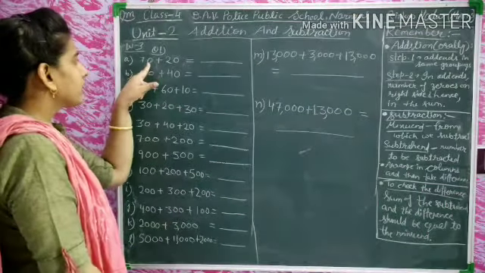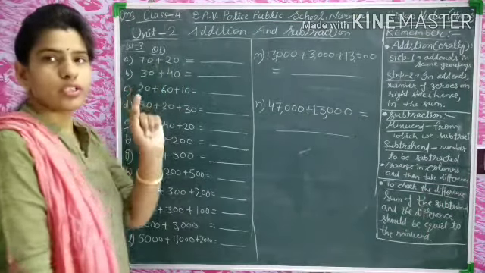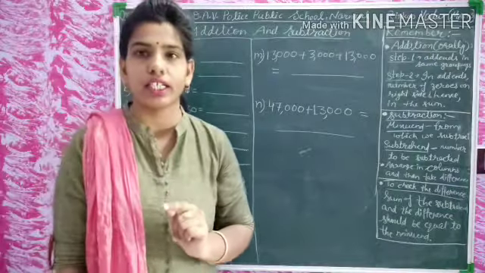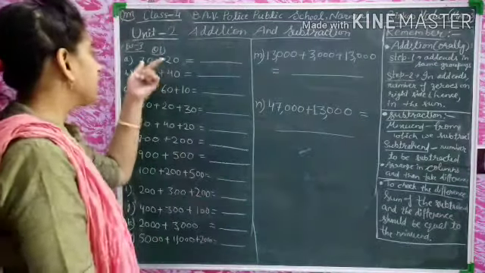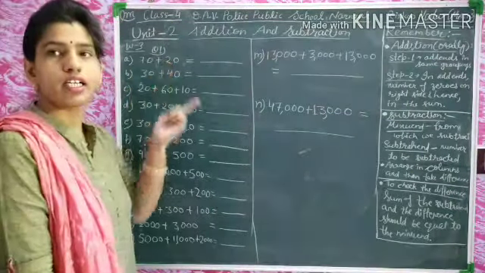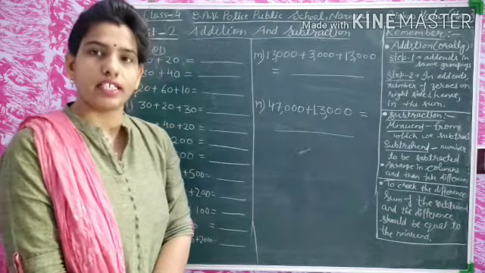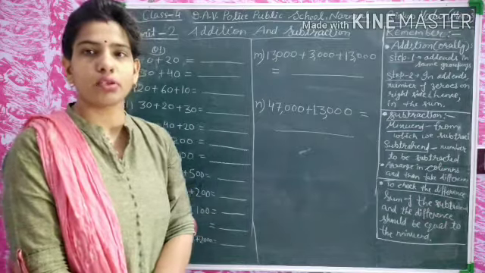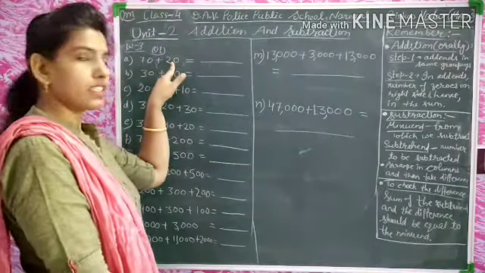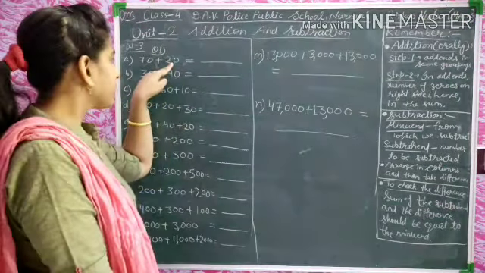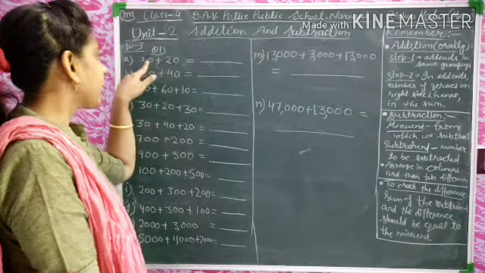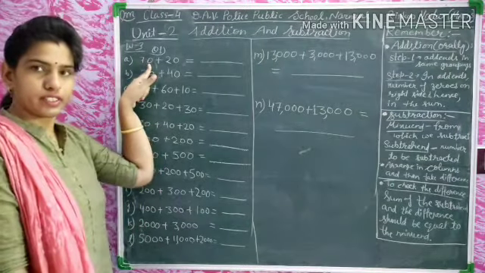Firstly, we check that the addends are in the same groupings. These addends are in the same groupings. This is tens and this is also tens.